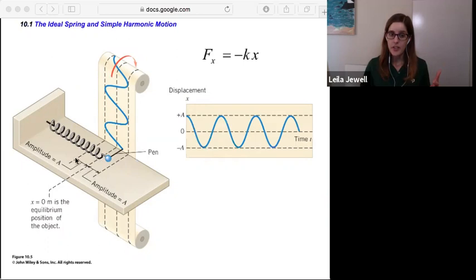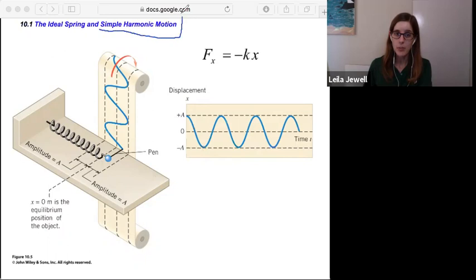Either side of this, the amplitude is known as the distance from the equilibrium point to the furthest distance away from that. And it's always a positive quantity. So amplitude is just that positive distance, and then you put a minus sign if it is in the negative x direction. And this is a demonstration of simple harmonic motion.